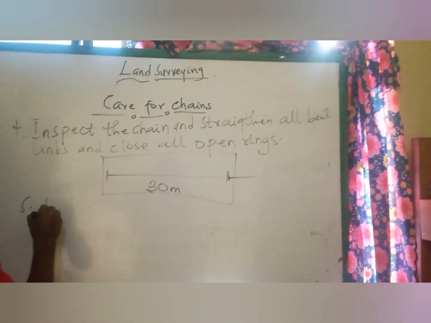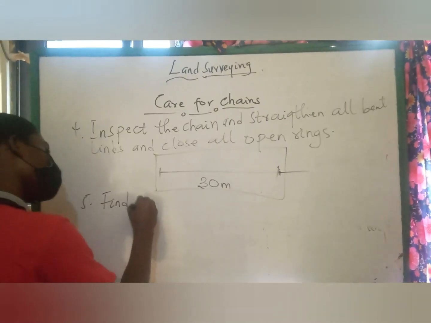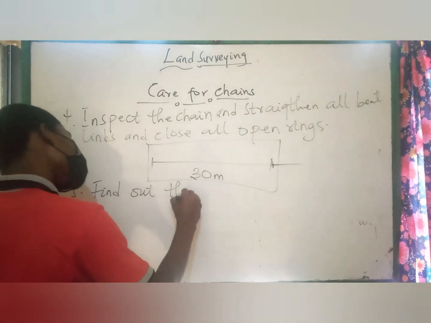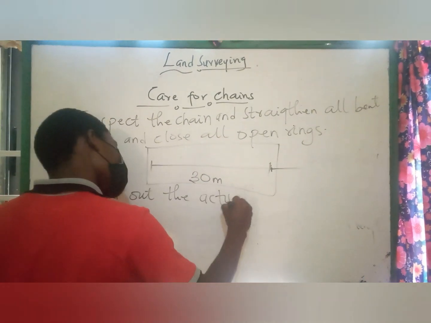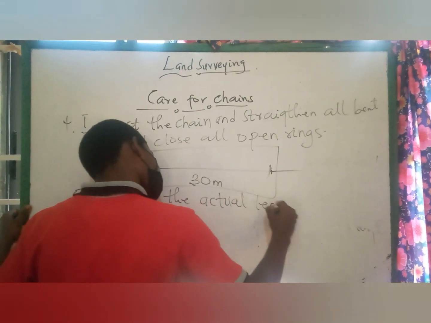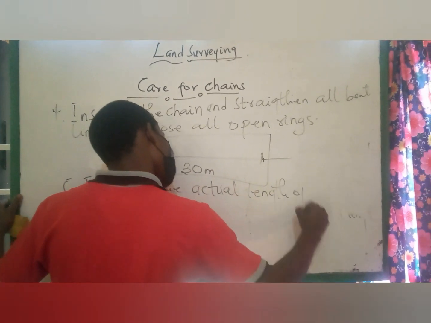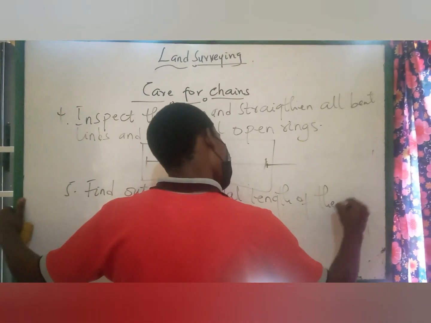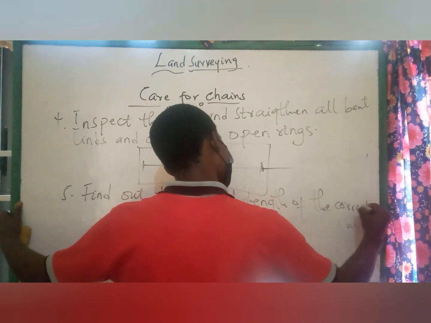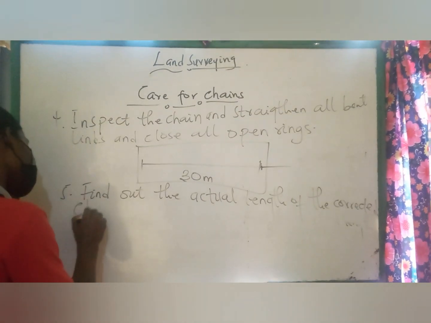So the fifth one is find out the actual length of the corrected chain.